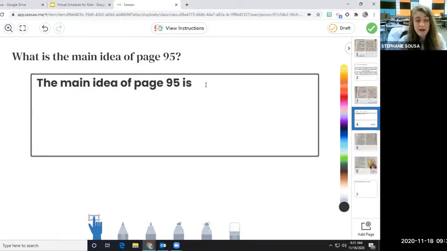The main idea of page 95 is the fur trade. That's a topic. We're not going to stop there because we don't know whose fur trade, what fur trade, why did they fur trade, so we got to add more. We just know we need that word fur in our main idea.